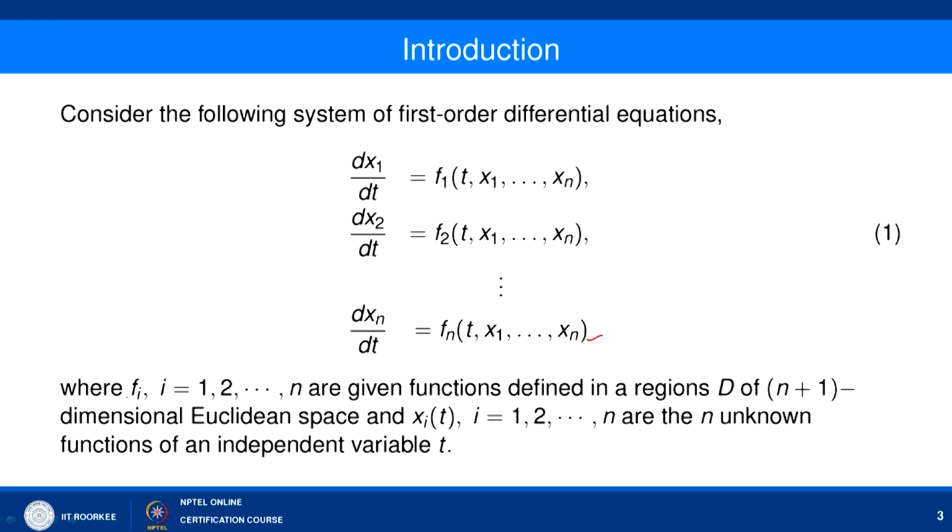Here the fi's, i = 1 to n, are given functions defined in a region D of (n+1)-dimensional Euclidean space, and the xi(t), i from 1 to n, are the n unknown functions of an independent variable t. Our aim is to find these xi's such that they satisfy equation 1 for given f1, f2, ..., fn.